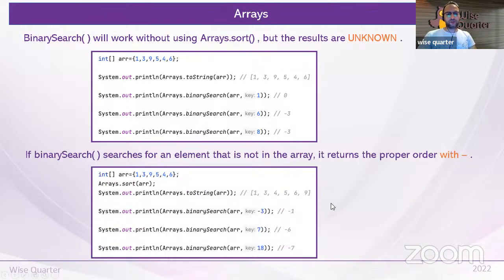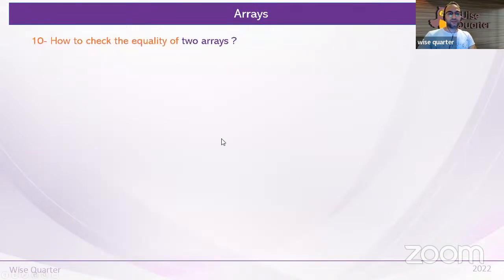After sort, everything is possible, as you can see here. If it cannot find it, the answer will be minus. If it can find it, it will give you the index number of it. And if the minus number is there, it will give you the answer of what would be the order of that number if it was there, but it is not. Yes, let's pass it.